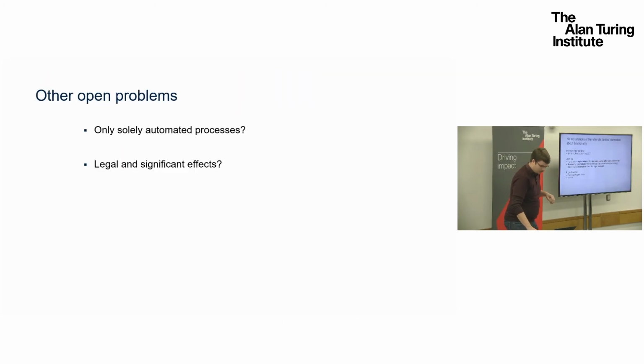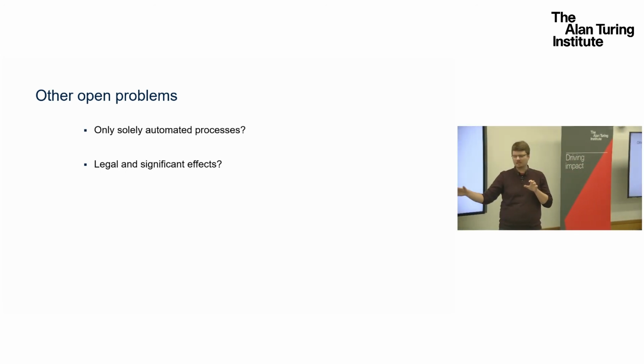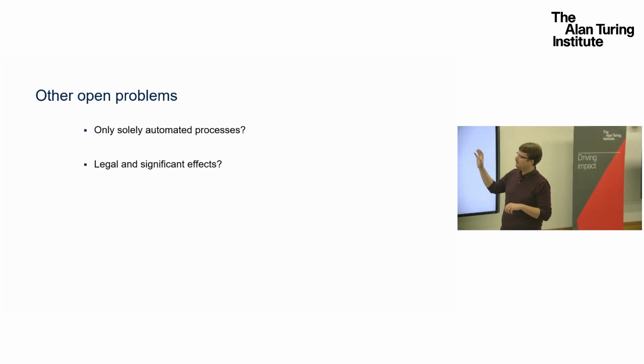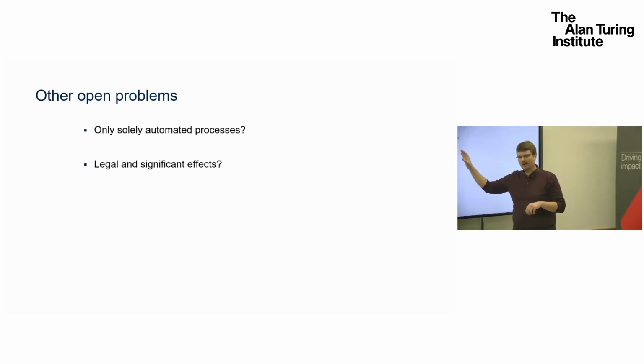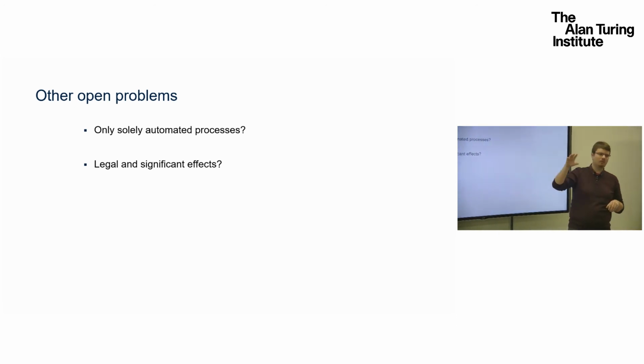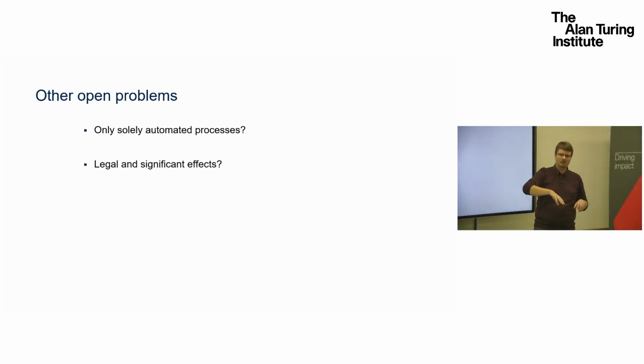So back to this. The interesting bit here is that in that definition of automated decision making, it said that it had to be based only on solely automated processing, and it had to have legal or similarly significant effects. Now the problem is in a previous draft, it said solely or predominantly automated.